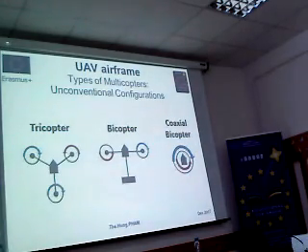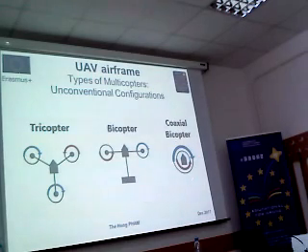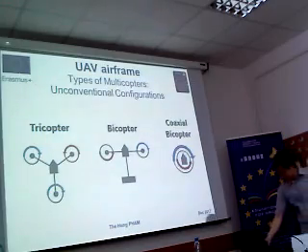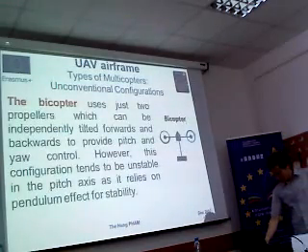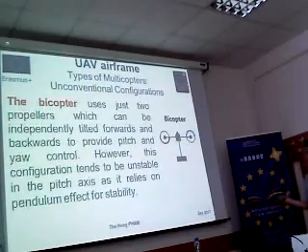And this one is very special. We have the Gaussian bicopter. So this one uses only two rotors, and they align with respect to the same axis, and they rotate in opposite directions.